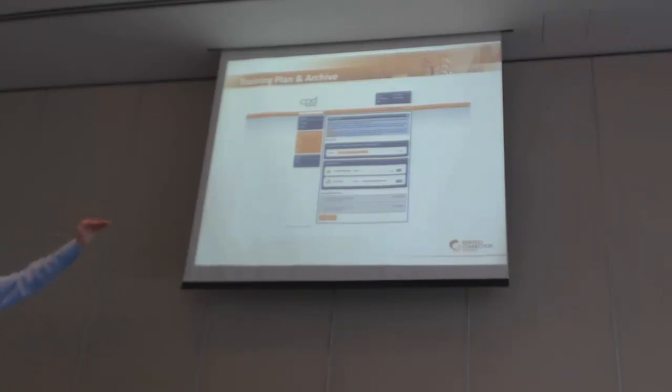Each element they can see how they're getting on with, and they can also see the archive of training that they've undertaken. So it gives a quick overview as to how they've got on, what they've got to do, and also it's the screen in which they go in to take more of their course.